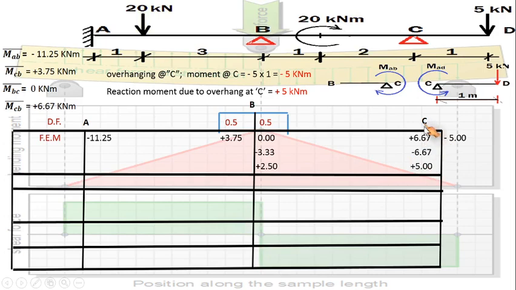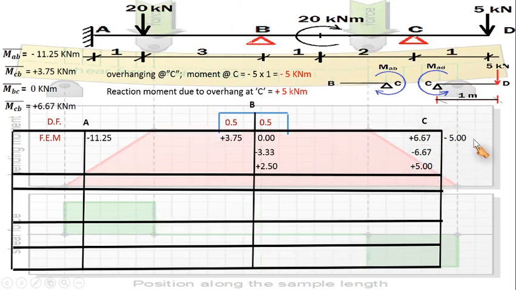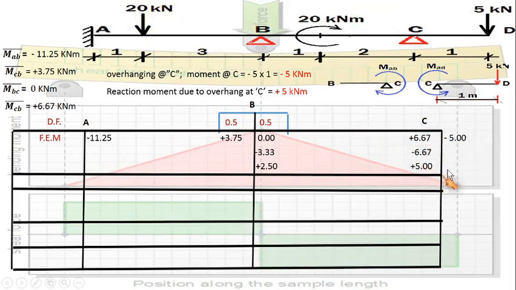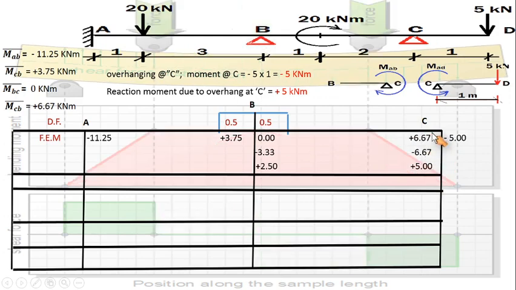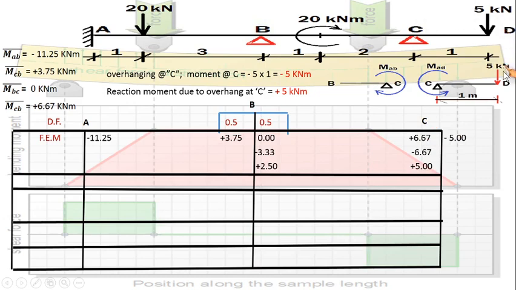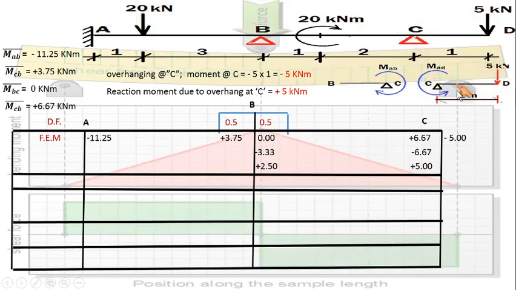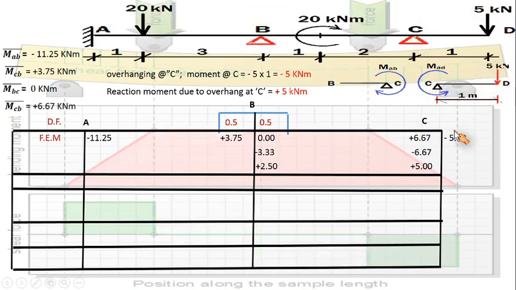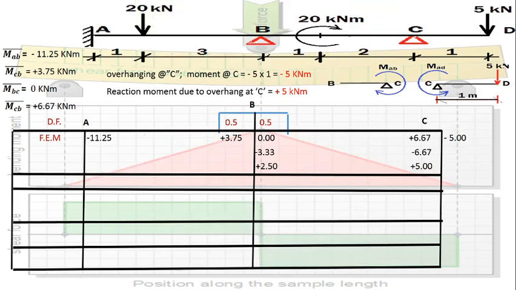C. Is it okay? So here you can see, very intelligently we have nullified the moment occurring about this particular point C. At the same time we have taken into account the effect of the overhang. So whenever we come across an overhanging part, this is what is to be done.